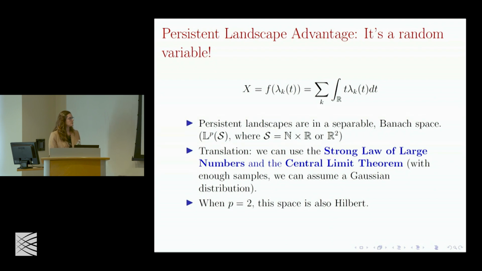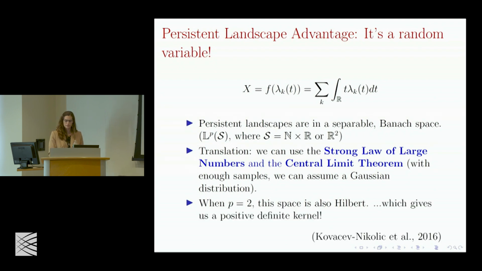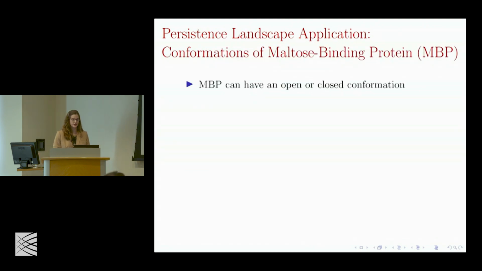And in particular, when p equals 2, the space is also Hilbert, which means that we can have a positive definite kernel, and that allows us to apply kernel machine learning methods. So now we've unlocked the statistics side of things, which is great.